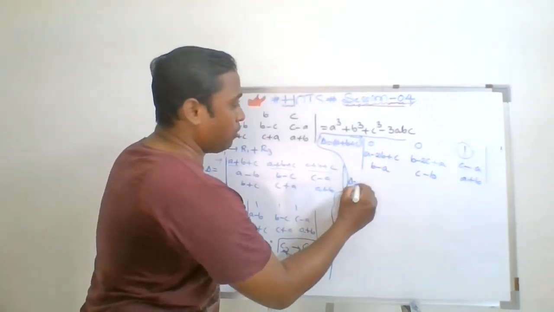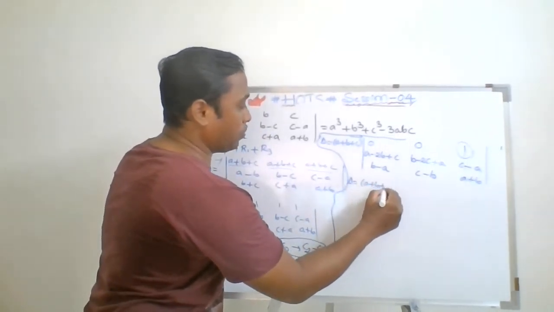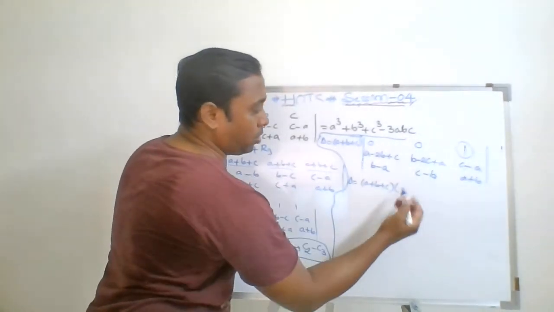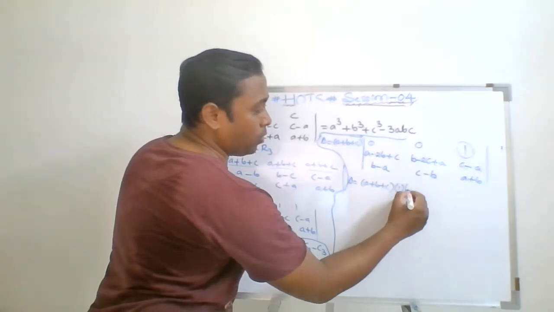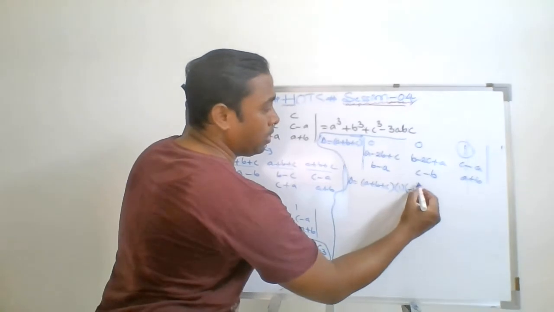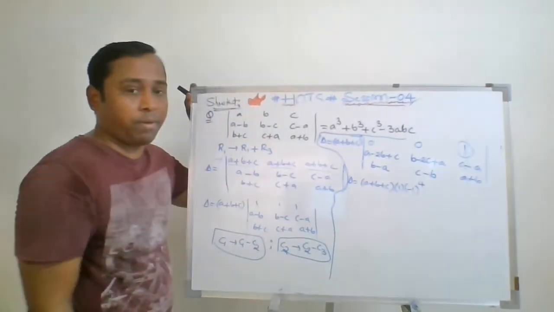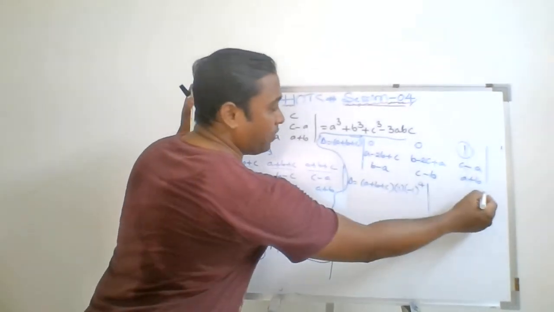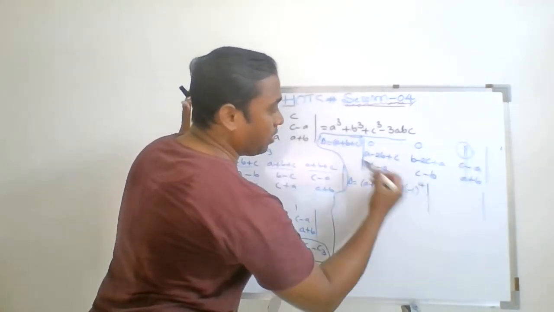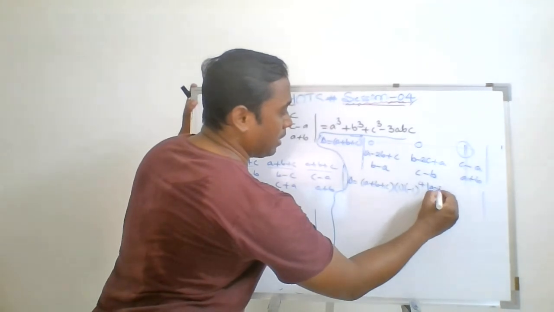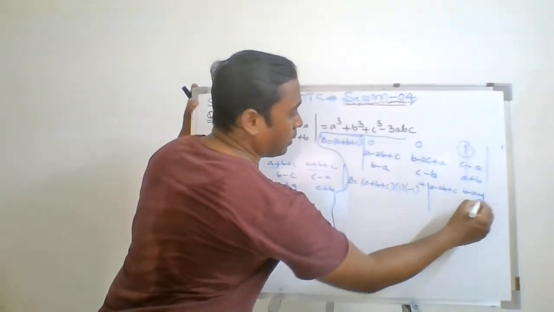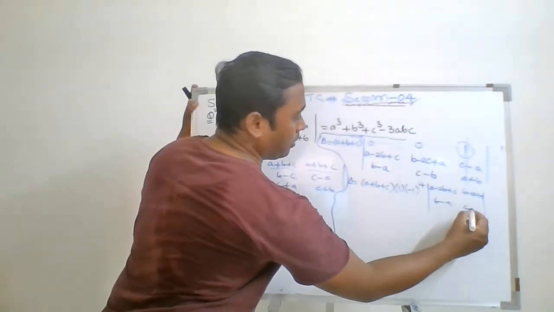So delta equals A plus B plus C into the element 1, into minus 1 to the power of its position, which is first row, third column, so the sum i plus j is 4. The determinant left after eliminating the row and column is A minus 2B plus C, B minus 2C plus A, B minus A, C minus B.